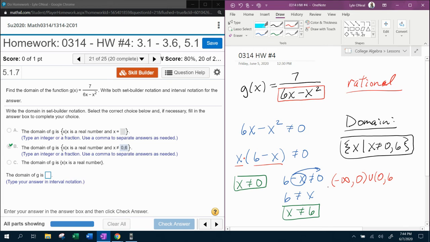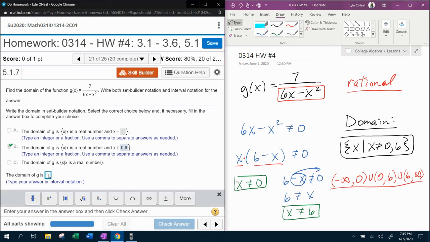Think about this. We're scanning along the number line from the negatives to the positives, okay? So from negative infinity up to 0, skip over 0 and keep going to 6, not including 6, and then we're going to skip to the other side of 6 and keep going to infinity.